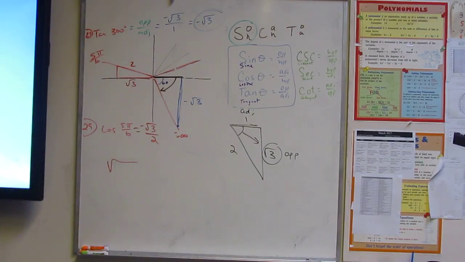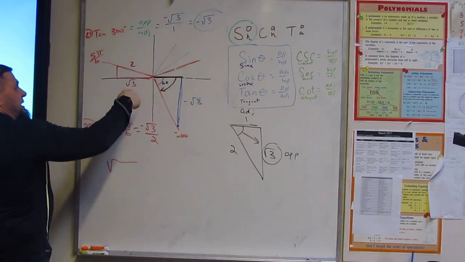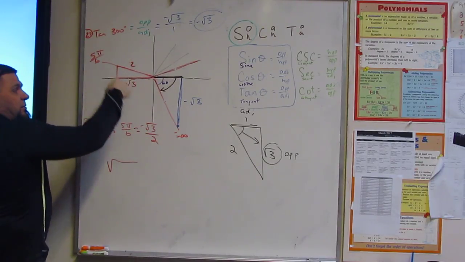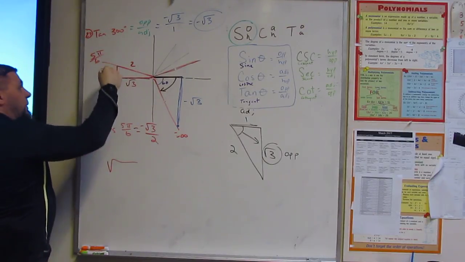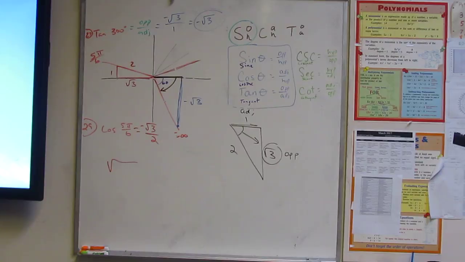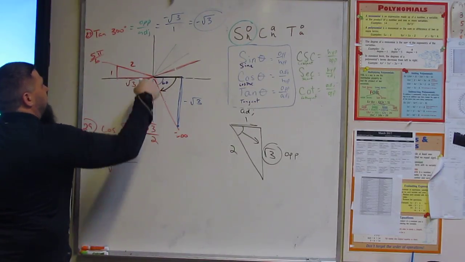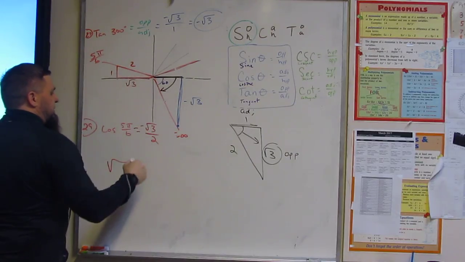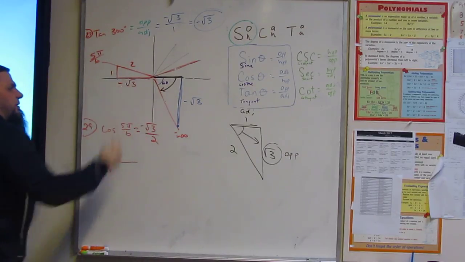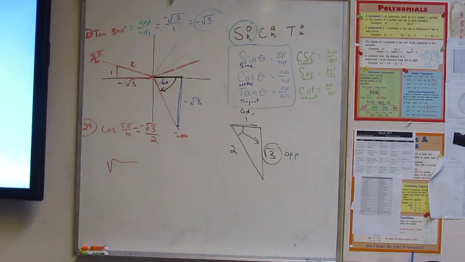But these are negative, and this would be positive in this direction, and that would be a positive 1. But we're doing cosine, so cosine would be adjacent over hypotenuse. So that would be negative square root of 3 over 2.